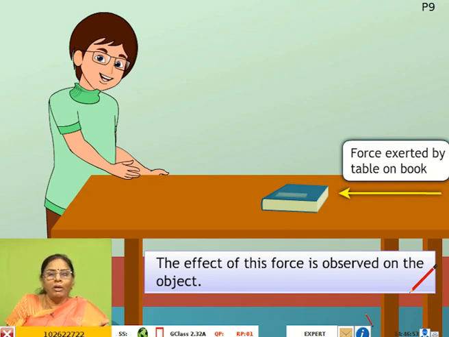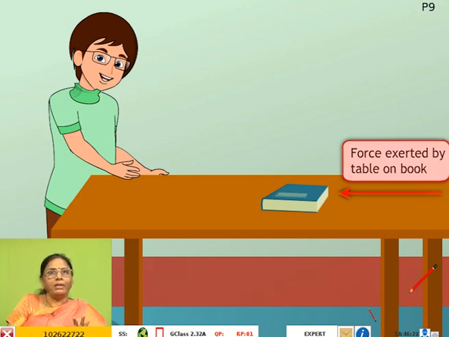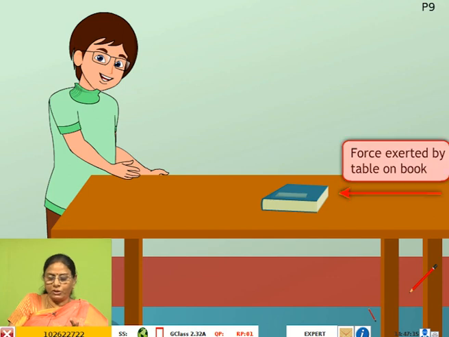How do we observe the effect of this force? Yes, the speed of the book is reduced and it comes to a stop. So, we call this the net force acting on the book. The net force is responsible for the book coming to a stop when it moves.